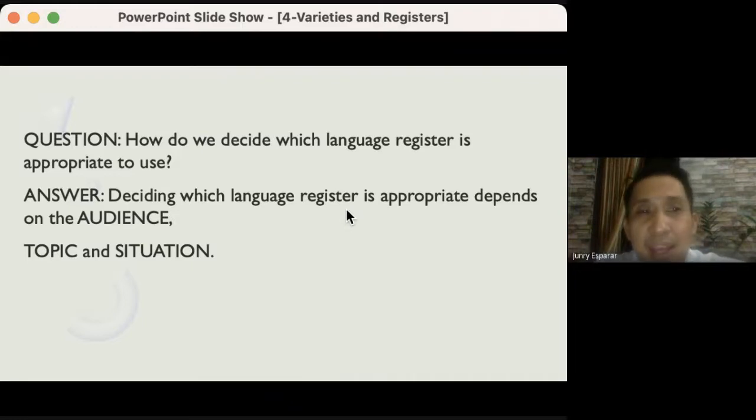Which is why in purposive communication, we develop students who know how to use the language in the proper way. And of course, for you to do that, you need to learn the different types of registers. And these registers are used depending on the type of audience, the type of topic, and the situation that we are in. So these are things that we need to consider.